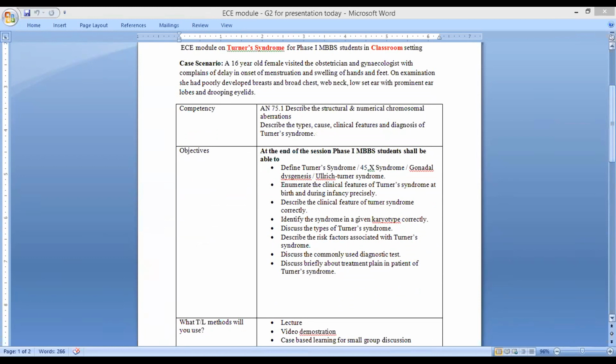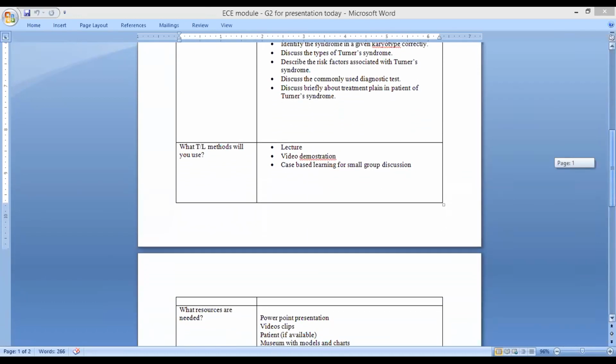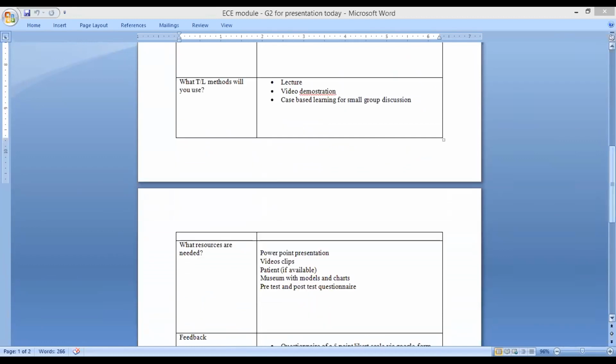So for this, we can use teaching learning methods. Large group interactive lectures can be taken, video demonstration for a small group, and as I already discussed, case-based learning for a small group discussion. And this case-based learning can also be used for large group lectures. Resources we need, as this is a classroom setting, are a PowerPoint presentation. We can show video clips.